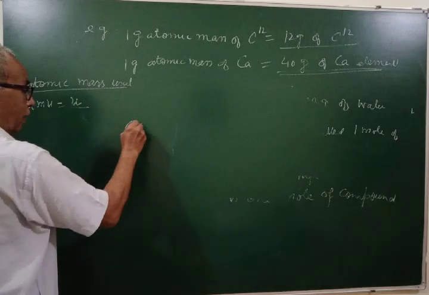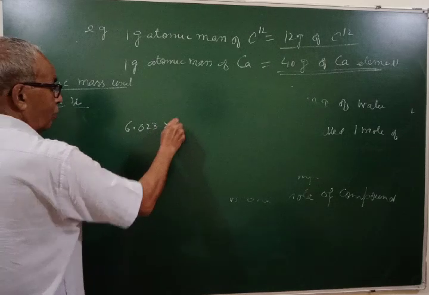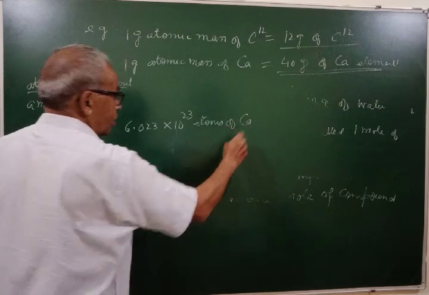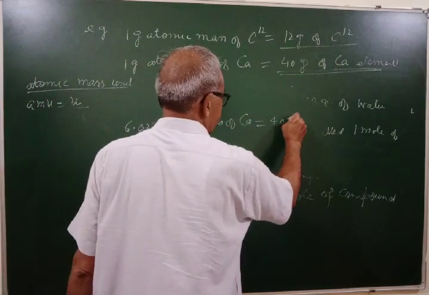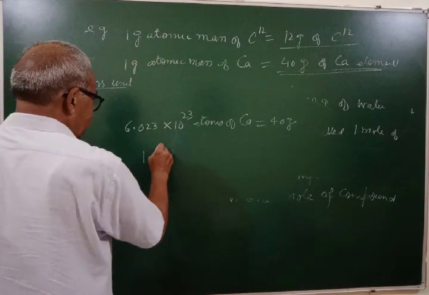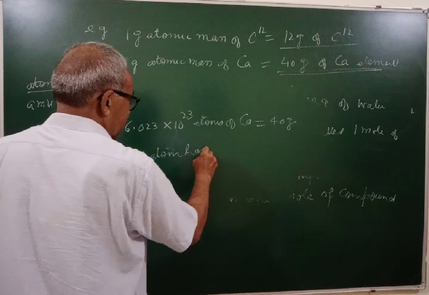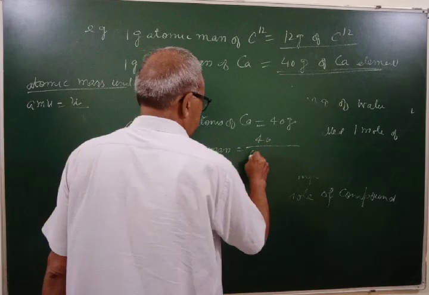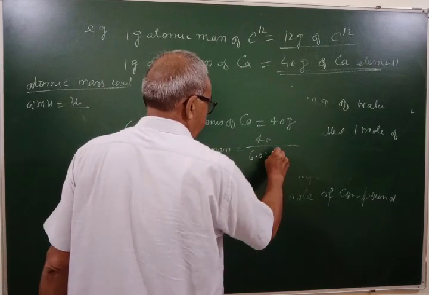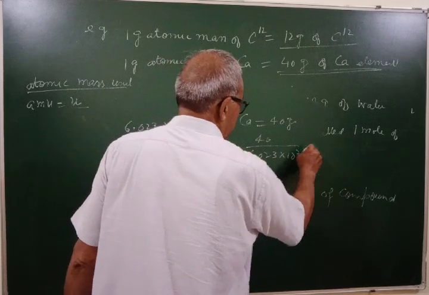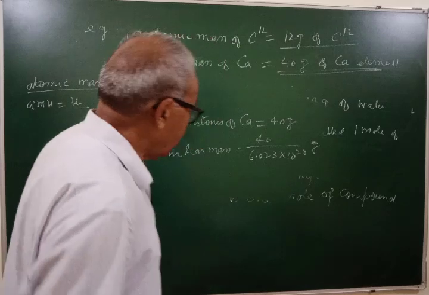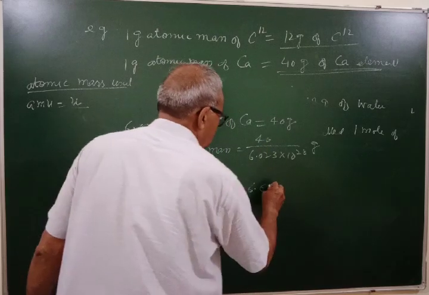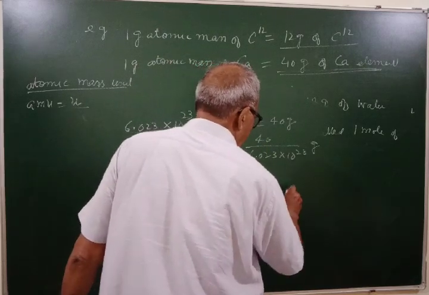So 6.023 times 10 to the power 23 atoms of calcium is equal to 40 gram, and hence one atom has mass how much? 40 upon 6.023 times 10 to the power 23 gram, nearly 6.6, like that, times 10 to the power minus 23 gram.